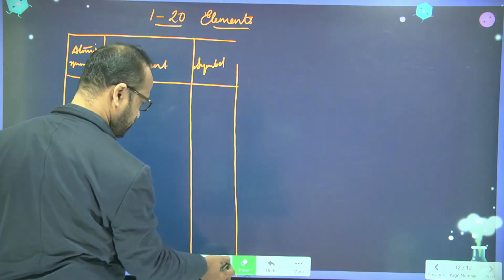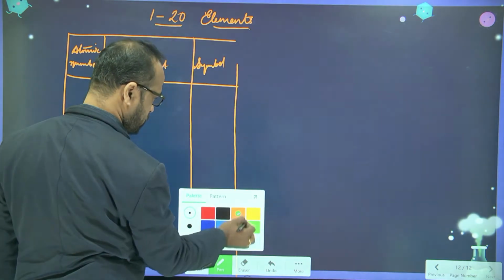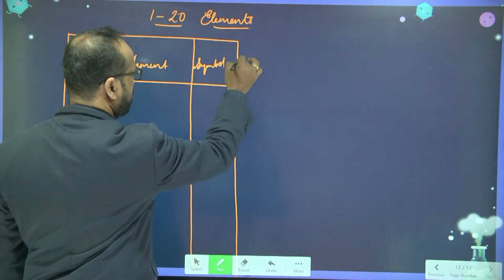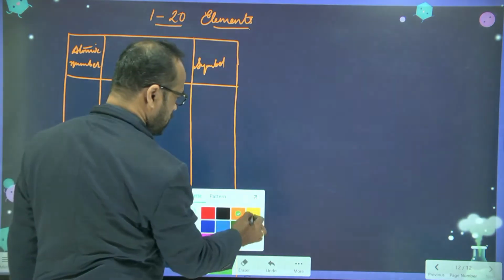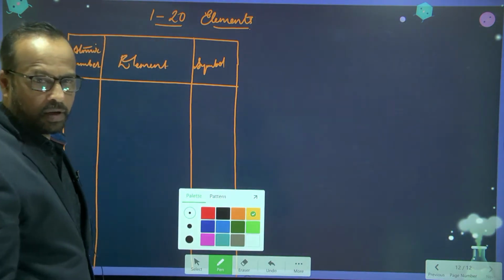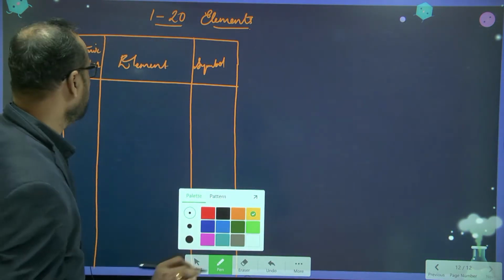So see students, these elements you have to copy and you have to learn.